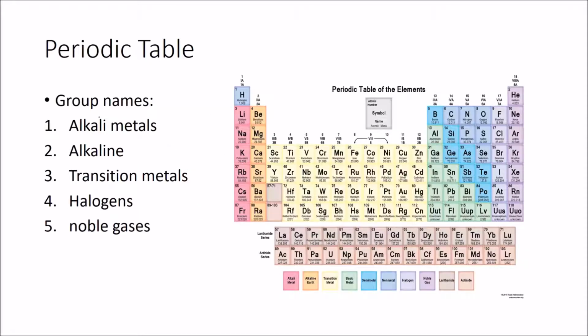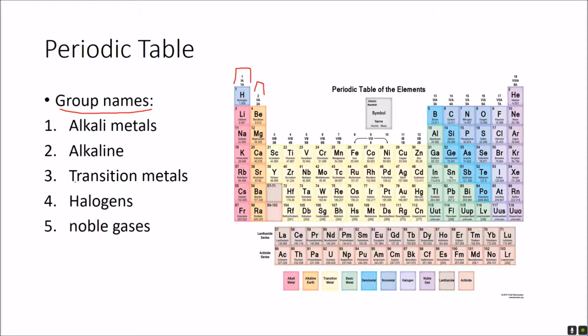Now I'll talk about the group names, the most important groups in the periodic table. First, the alkali metals, which are located in group 1. Second is the alkaline earth metals, which are in the second group.